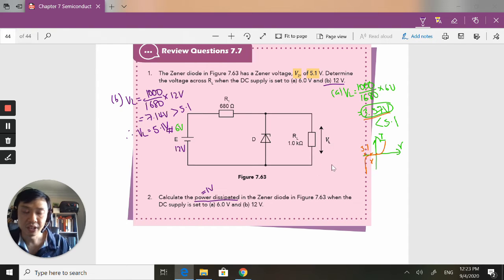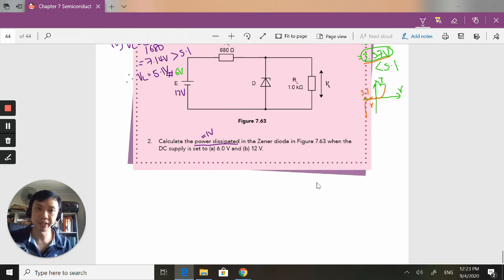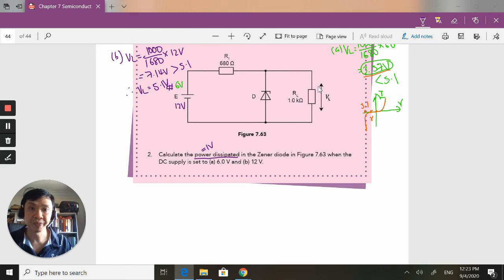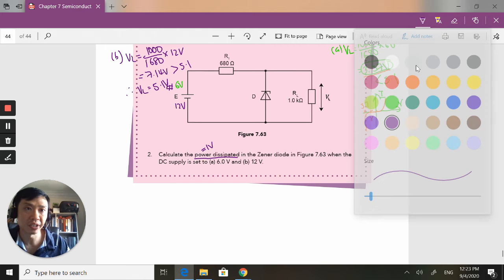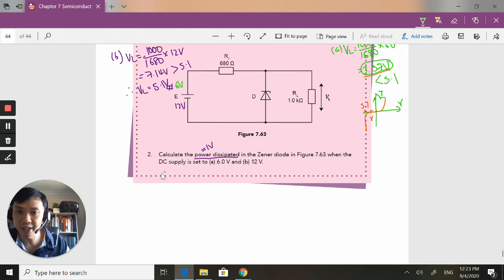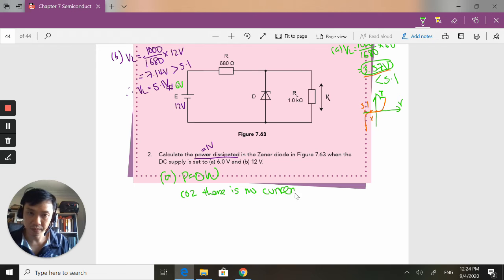So I have to go back to part A. To calculate the power dissipated in a zener diode, for part A there is no power because there is no current through the zener diode.